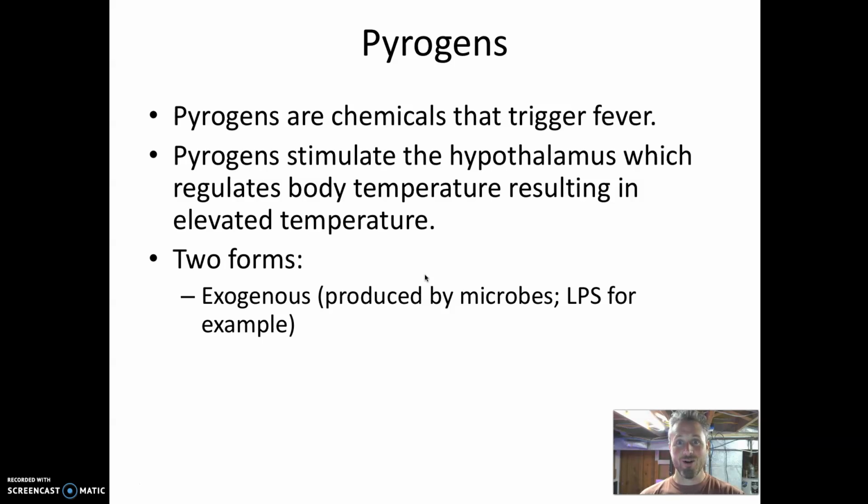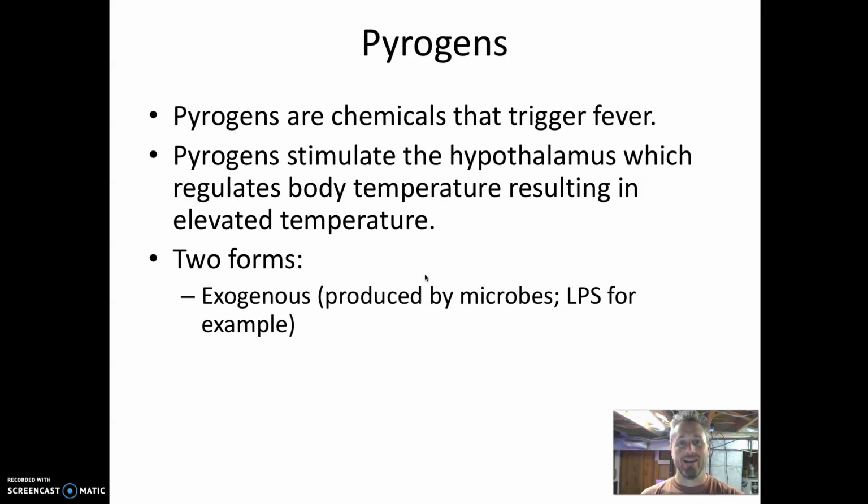But LPS is also an endogenous toxin because it's physically part of microbial cells. So I encourage you to be very careful and thoughtful as you are using the terms exogenous and endogenous. What kind of molecule are you talking about? And which cells are we referring to, human or bacterial?